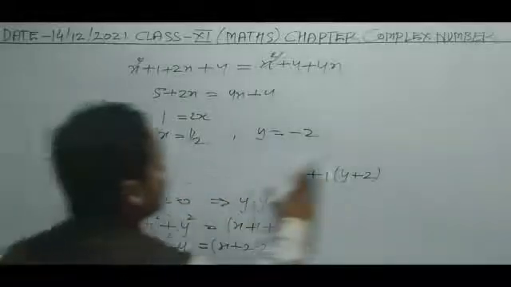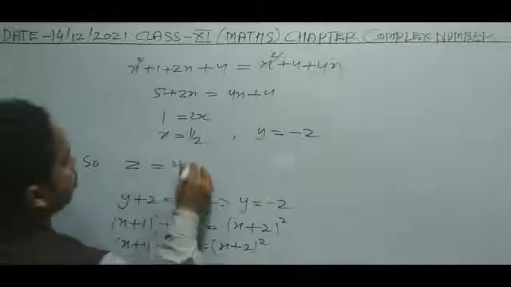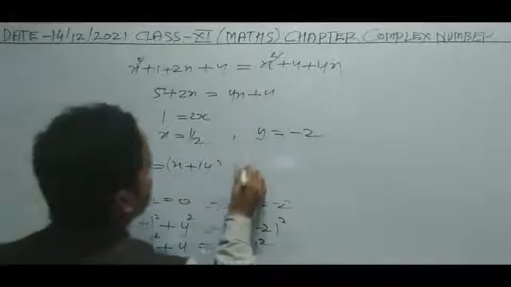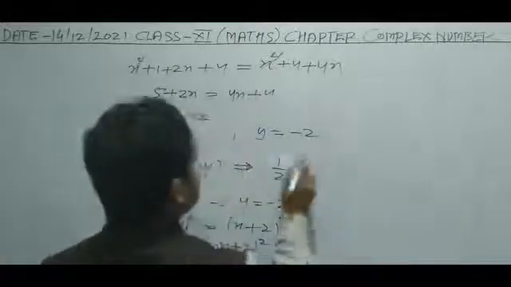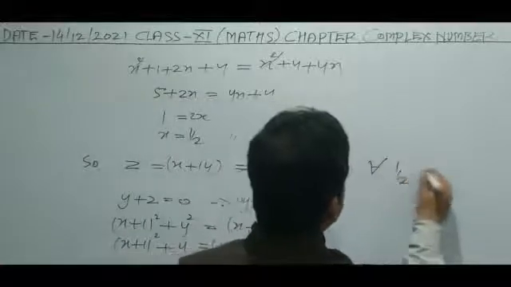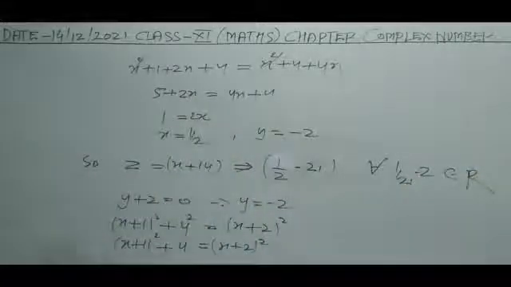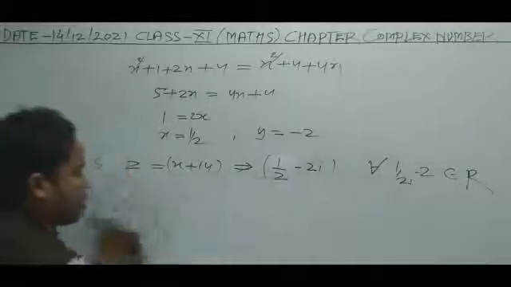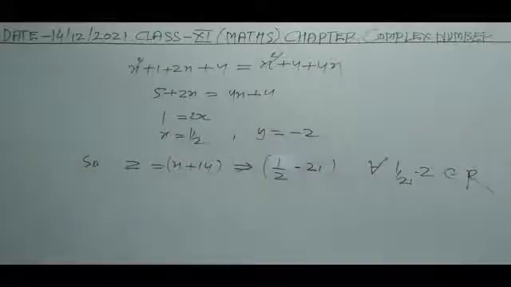So the answer: z is equal to x plus iy, which implies z is equal to 1 by 2 minus 2i, where 1 by 2 and minus 2 belong to real. So this is the answer.